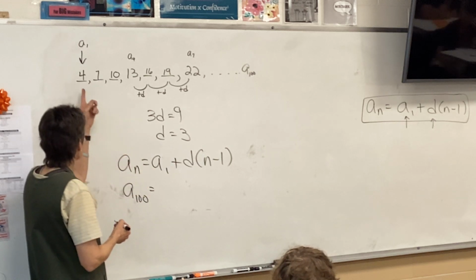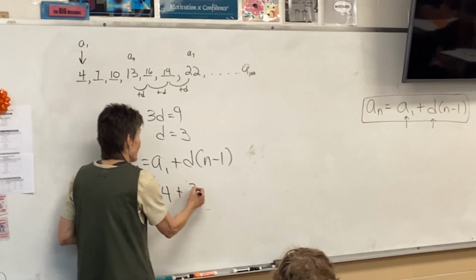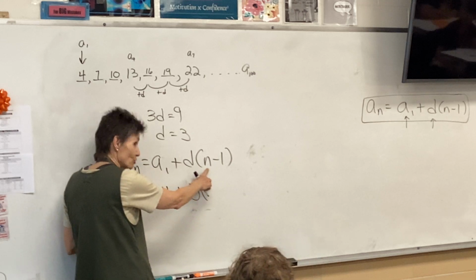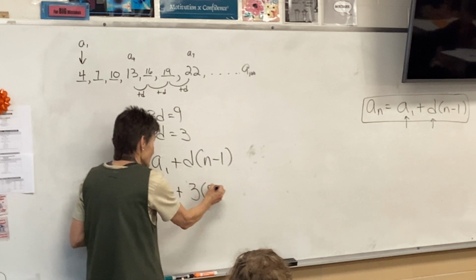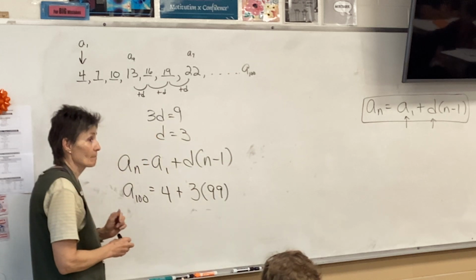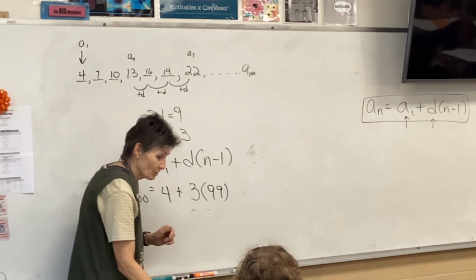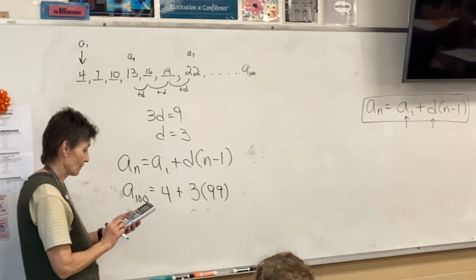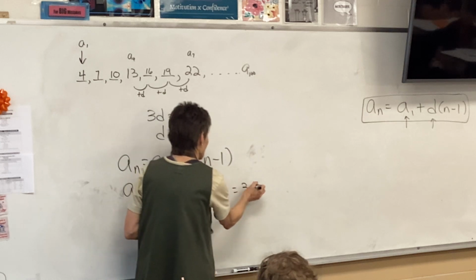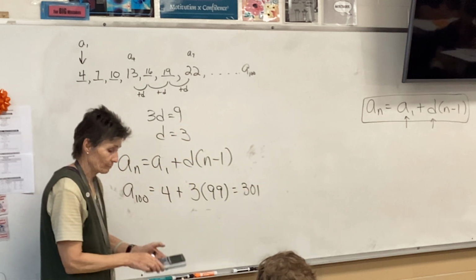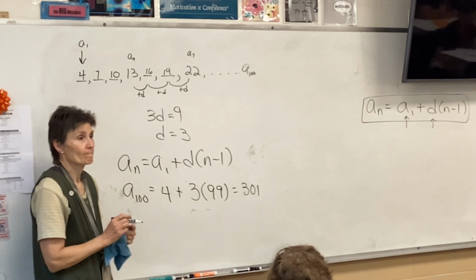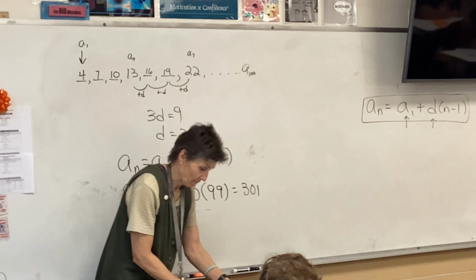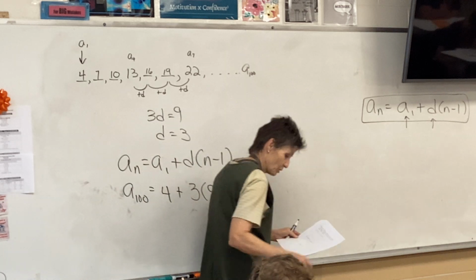Well, my first term is 4. My difference is 3. And my n is 100. So this is 99. So the 100th term of that sequence is 301. Very logical.